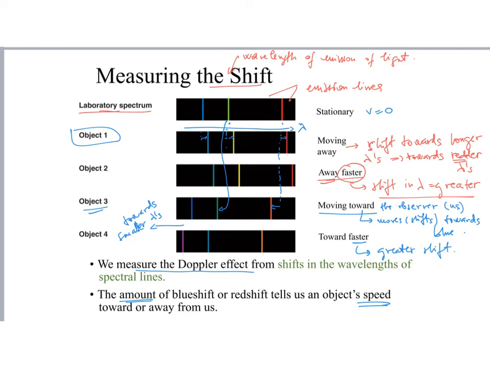And it goes like this: lambda observed minus lambda rest, divided by lambda rest, is going to be the speed over the speed of light. So this is the amount of shift in wavelength.